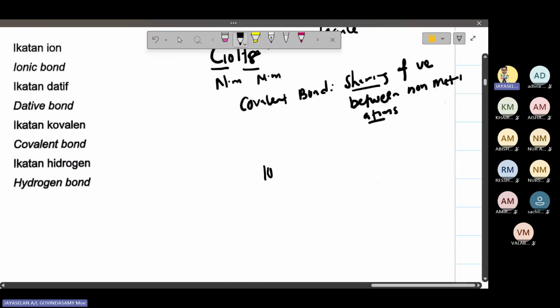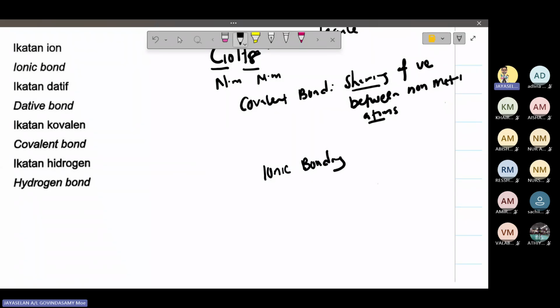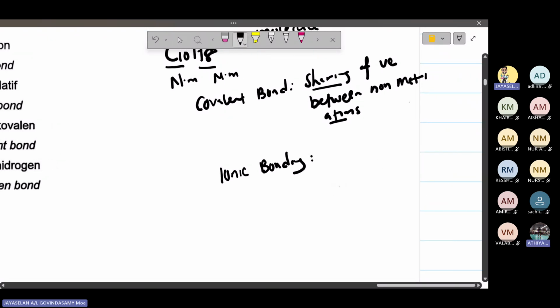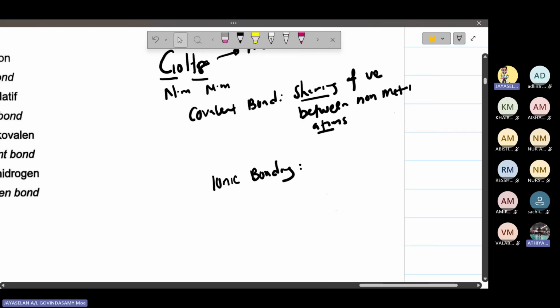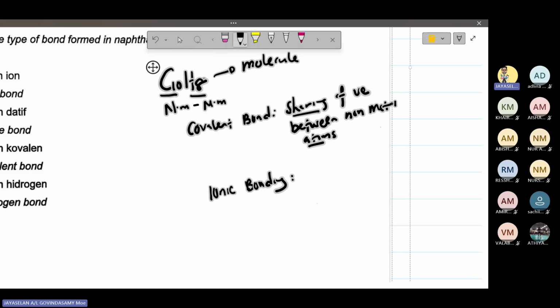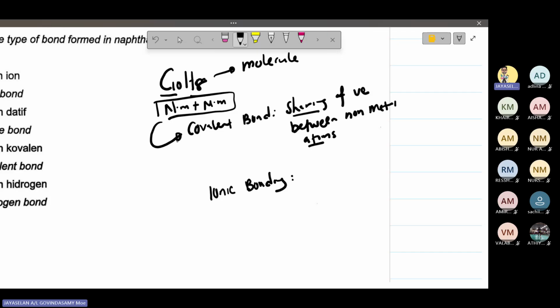Okay, if ionic bonding, anyone? Edmund, ionic bonding. What is the definition of ionic bonding? When a non-metal atom and another metal atom share to achieve stable electron arrangement. Okay, so please remember non-metal plus non-metal is covalent bond.